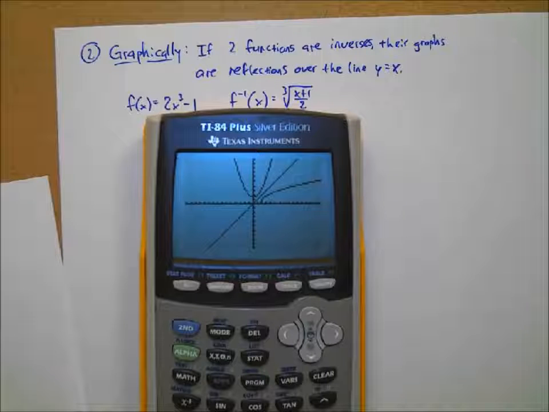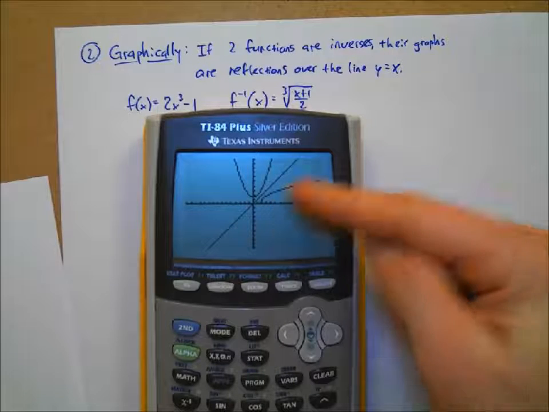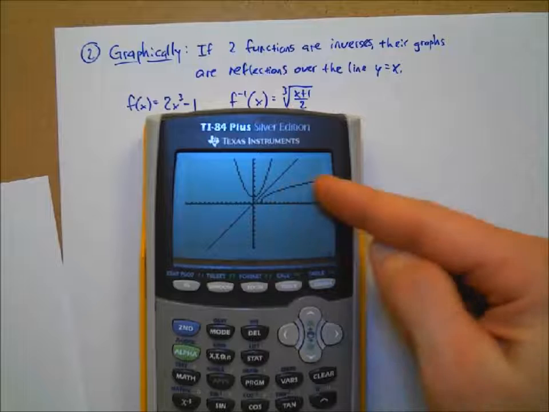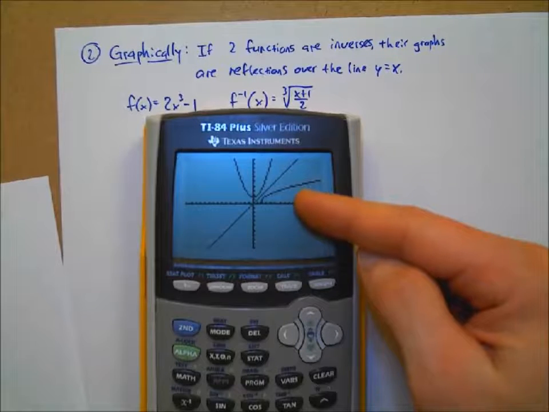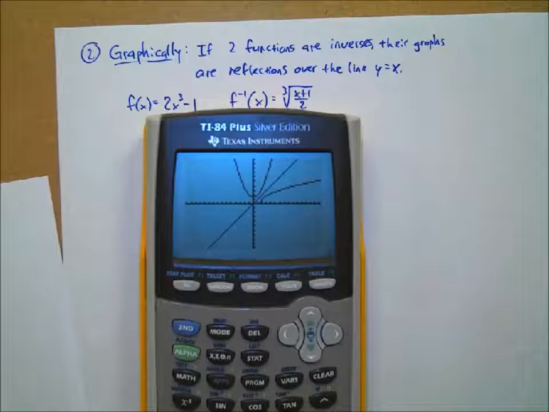We have a problem. The original function that we had, the square root of 2x minus 3, if we reflect that over the line y equals x, are we going to get this graph? We are not.